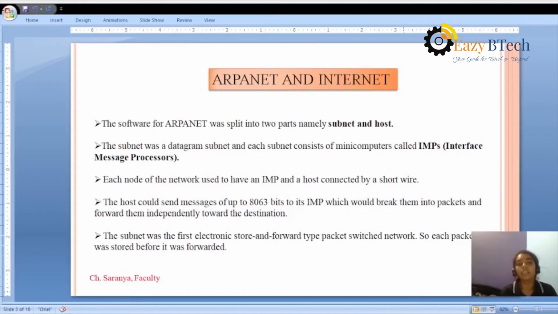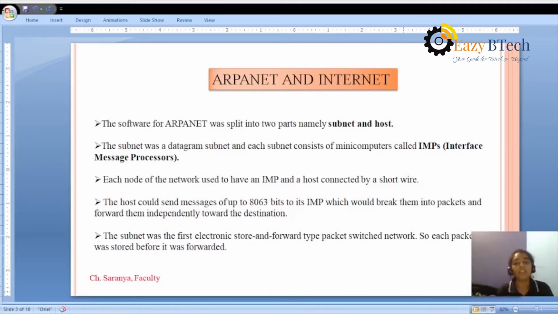IMP stands for Interface Message Processors. The host could send messages of up to 8063 bits to its IMP, which would break them into packets and forward them independently towards the destination. So this 8063 bits is sent to the IMP and broken into packets.